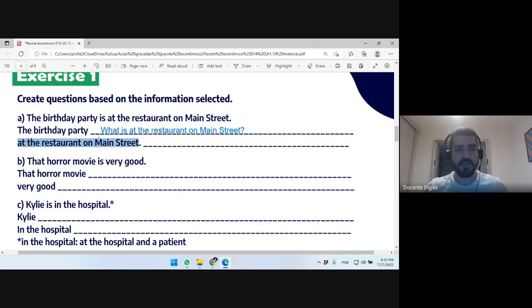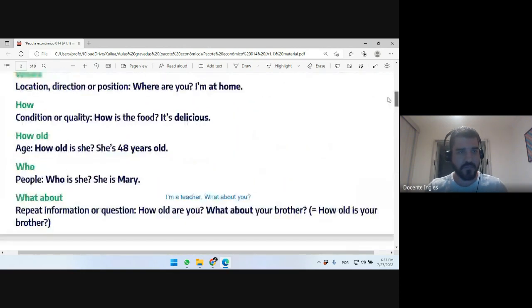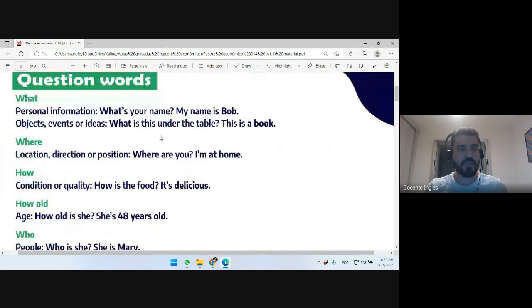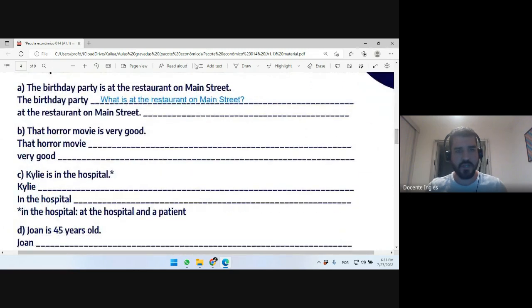At the restaurant on Main Street, if we go back here, we can see it's the location. And the question for location, where? So here the question is, where is the birthday?